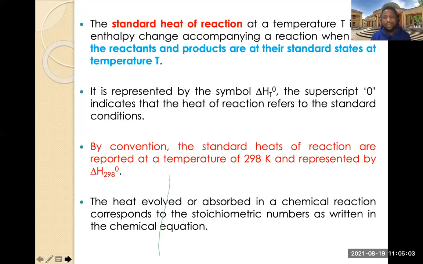So starting the definitions now. Whenever you see standard, as we move on, you're going to see more definitions where it talks about standard. When it is called standard, remember in the previous slide we just mentioned heat of reaction, but now we are being more specific by saying standard.